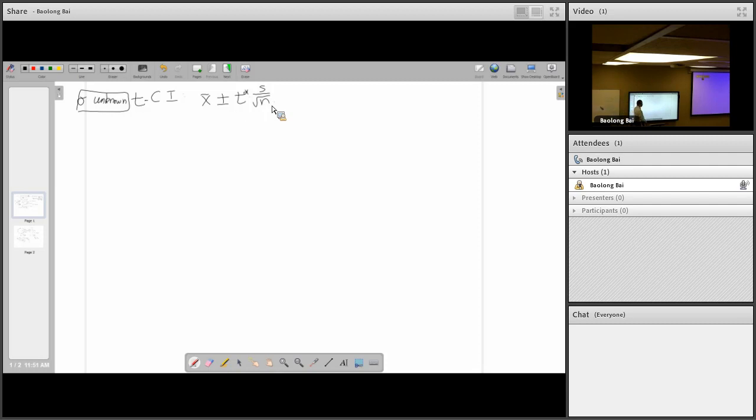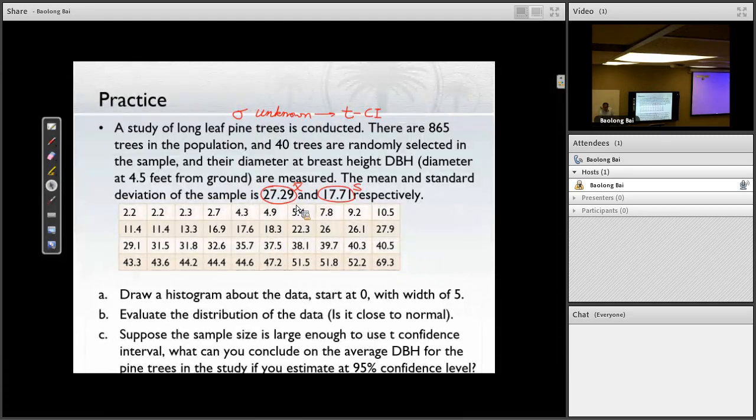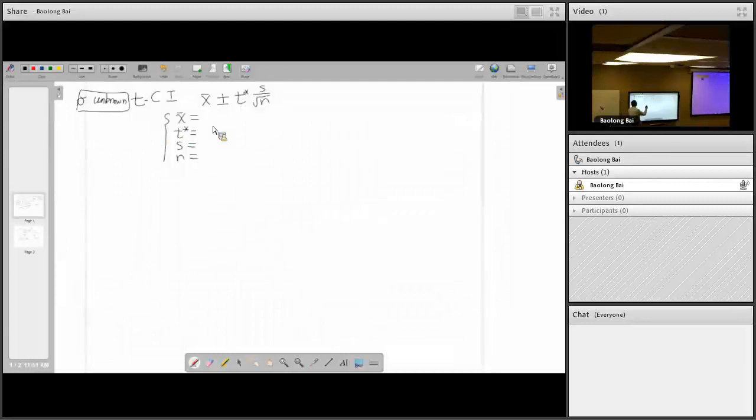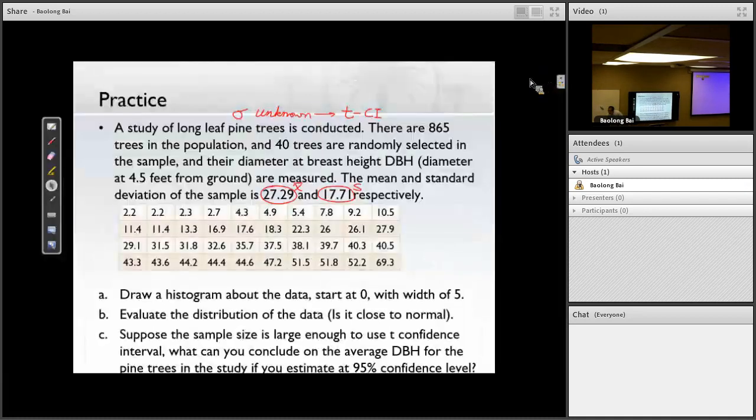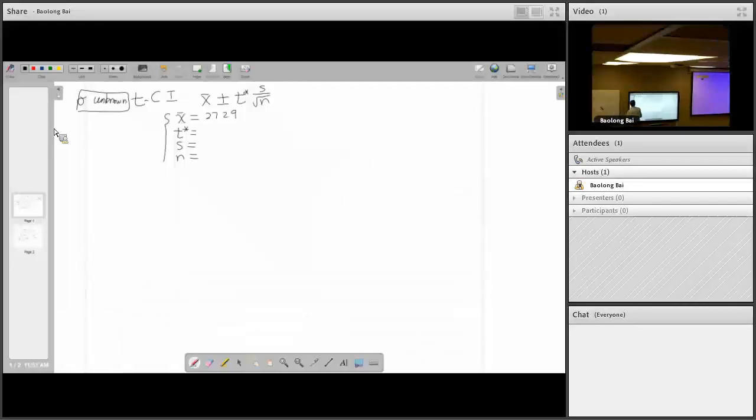Then, same deal, we need to calculate. So we need to find each of the numbers here: x bar, t star, S, and n. In the problem, we're given x bar and S, which is 27.29 for x bar and 17.71 for S. So we put them here, 27.29, and S is 17.71.